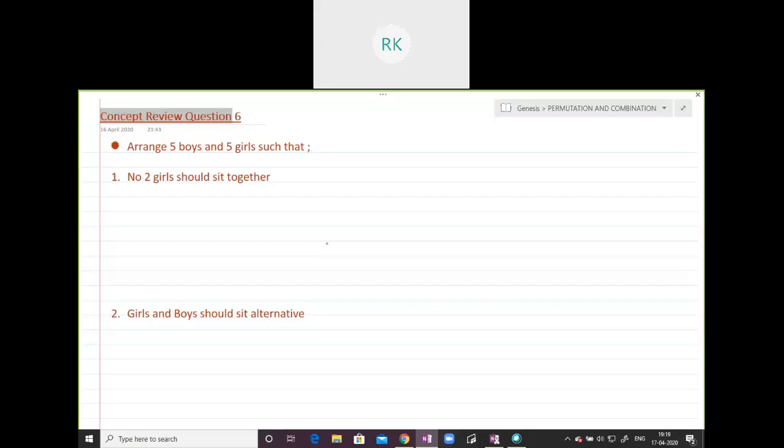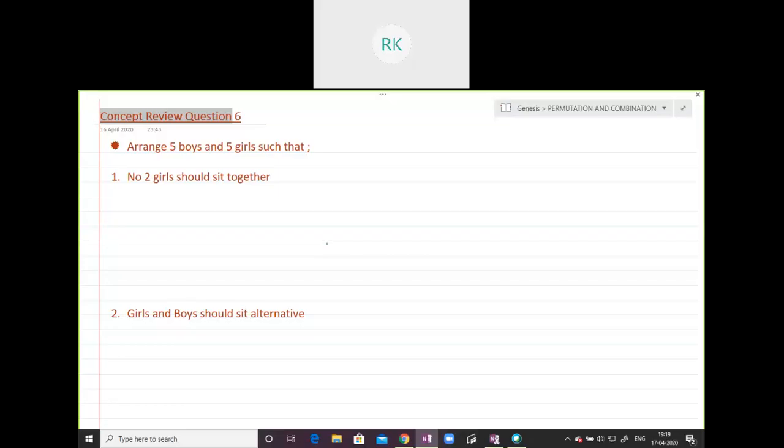No 2 girls should sit together, what does it mean? It means that boys can sit together, right? Boys can sit together. No 2 girls should sit together.